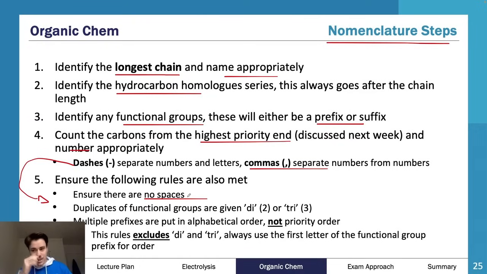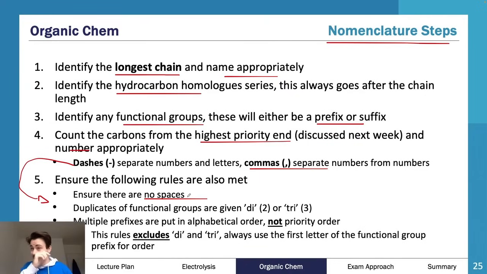If you're doing 2-chloro, 3-bromo, 2-methylpentane, there were like 5 words in that. You read that as 2-chloro, 3-bromo, or 3-fluoro, 2-methyl pentane.